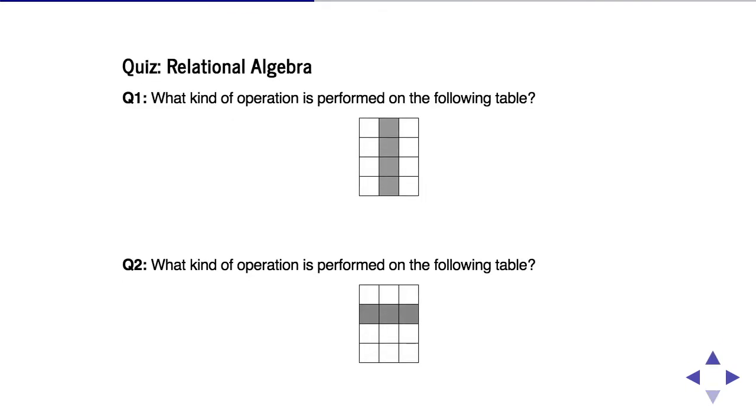What kind of operation is this, where we're selecting a column? Yep, projection. And what kind of operations are performed on this table here? The first one's projection and selection, right on.